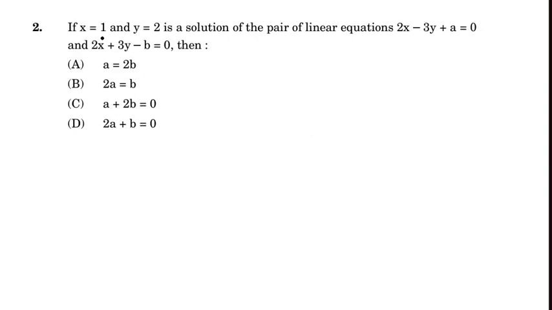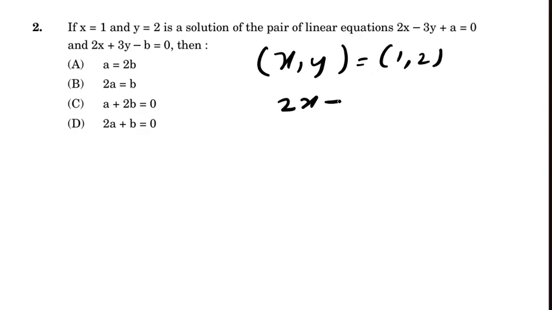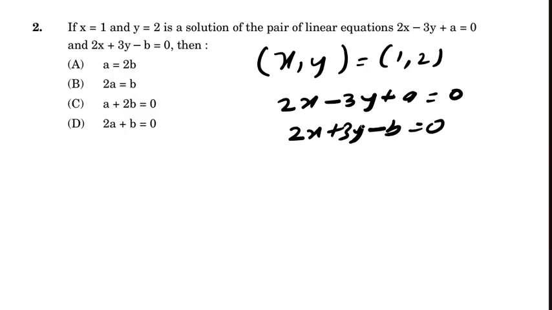If x is equal to 1 and y is equal to 2 is the solution of the pair of linear equations 2x minus 3y plus a and 2x plus 3y minus b is equal to 0.